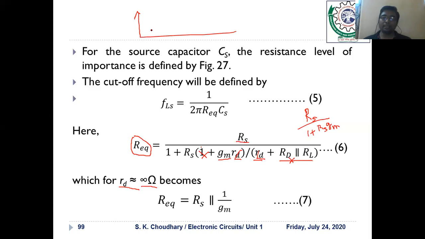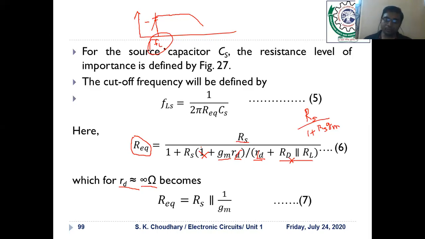FL is the point where the maximum gain is decreased by 3 dB. So this FL is nothing but the combination of the effects of FL1, FL2 and FLS.